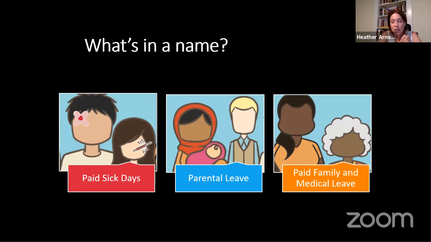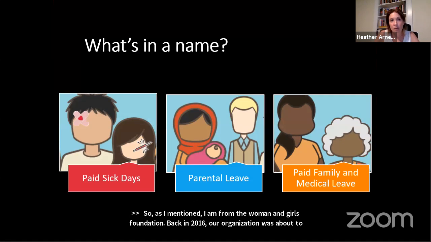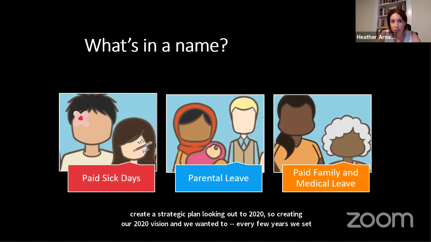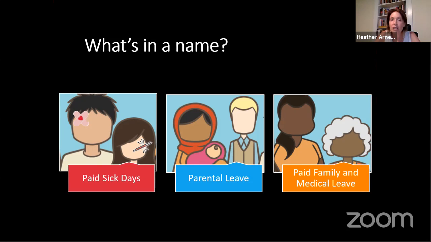Every few years, we set a public policy agenda to focus on a piece of policy as our focus for those next few years. And we had already been involved through the Family Values at Work Coalition that Josie mentioned earlier, that had been working on paid family leave at the national level for many, many years.